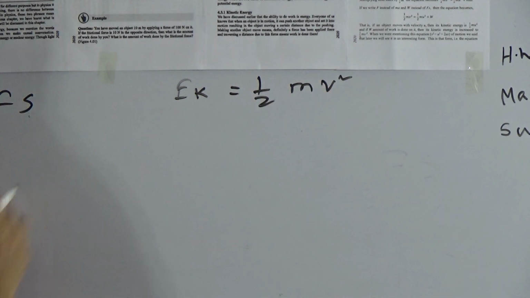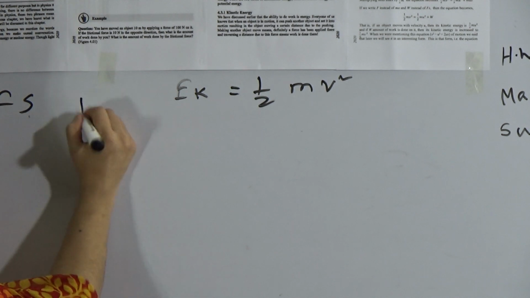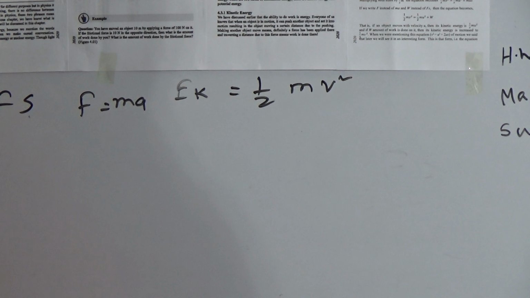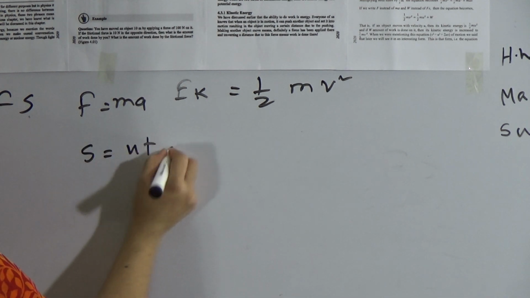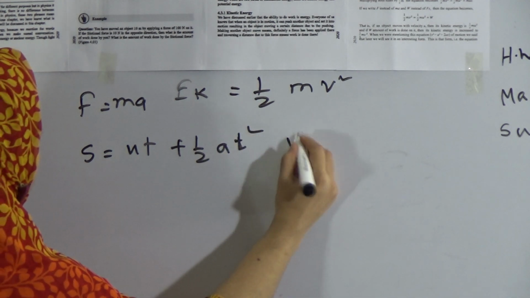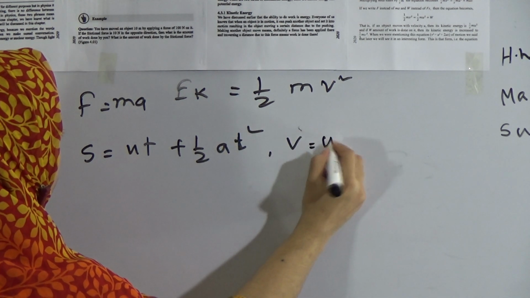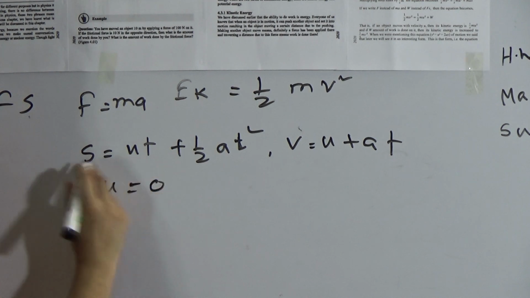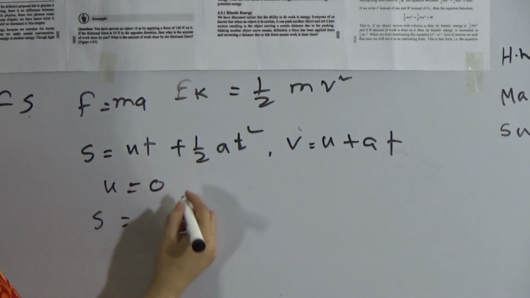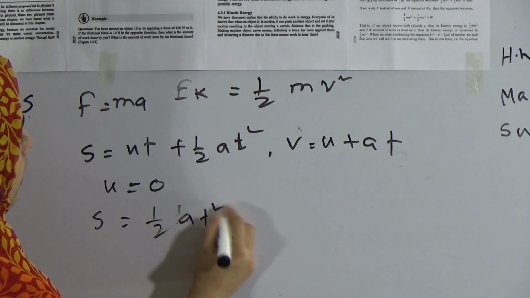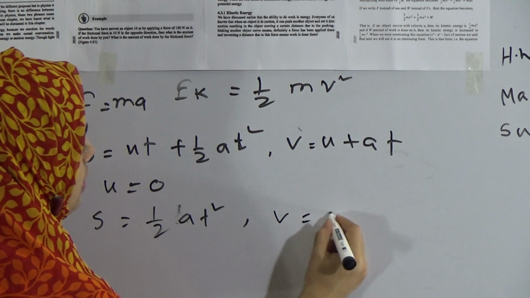Okay, W equals Fs, and we know another formula, F equals ma, and s equals ut plus half at², and v equals u plus at. My dear students, when the object is at rest, then u equals 0. So then s equals half at², as the first part will be 0, and when u is 0, then v equals at.